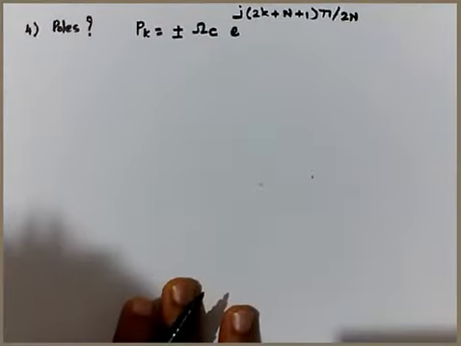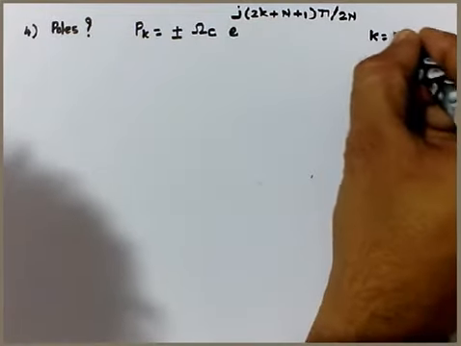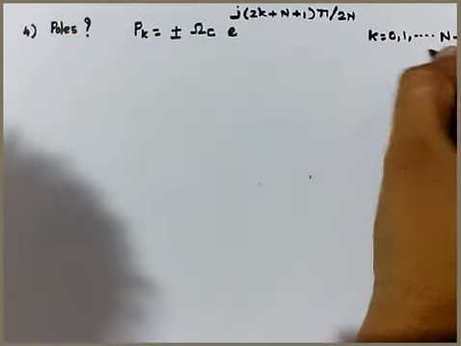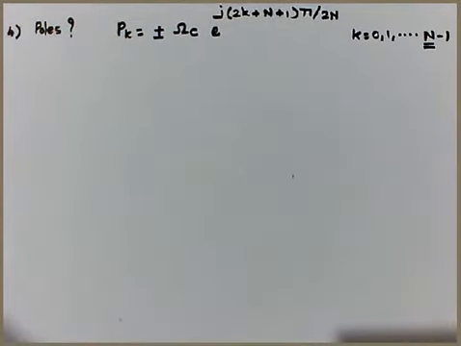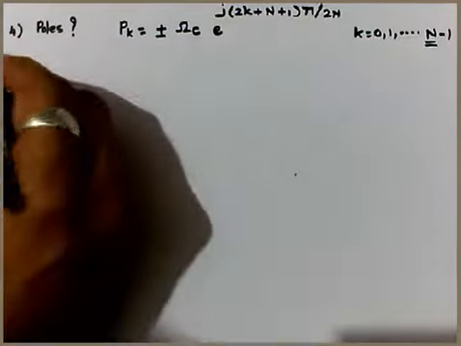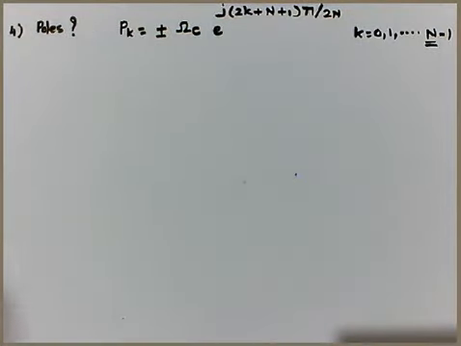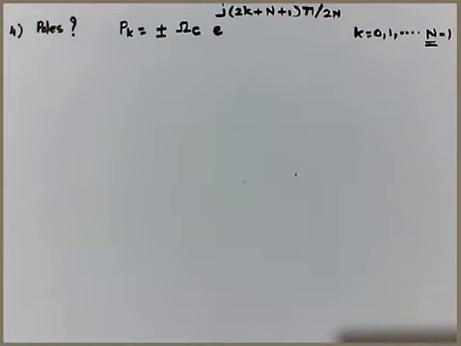This is the value for pk, where k ranges from 0, 1 till n minus 1, where the value of n we have already seen how to calculate as the order of the filter. The poles can be complex conjugates. If the first pole is p1, then the second will be p1 star. If the first is p2, then the second will be p2 star, like that.